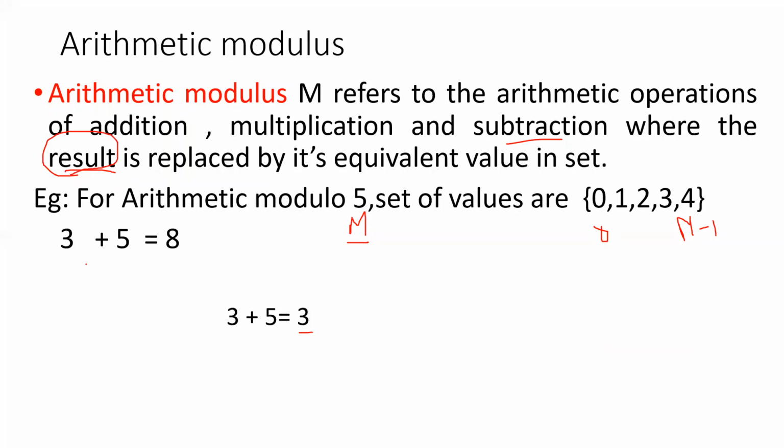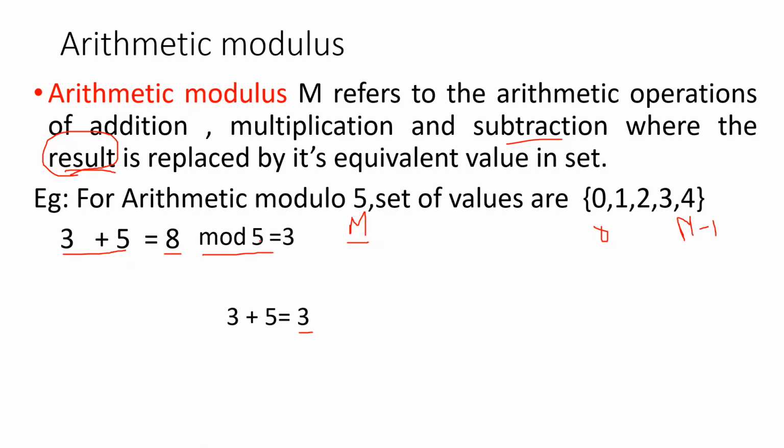So what is the result you are getting when you add 3 plus 5? You will be getting 8. After that, if you are finding arithmetic modulus with 5, after finding the result, you will find the mod with 5. What is 8 mod 5?